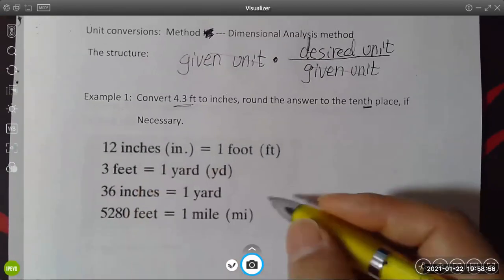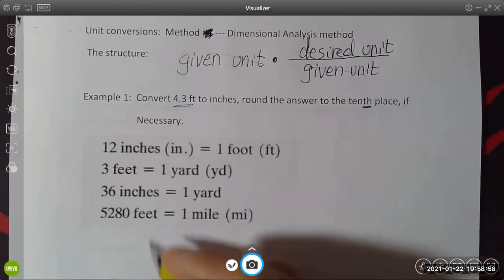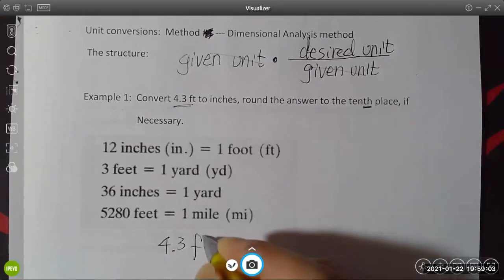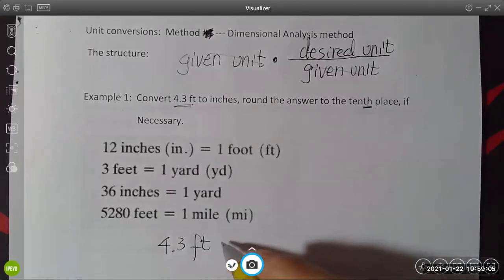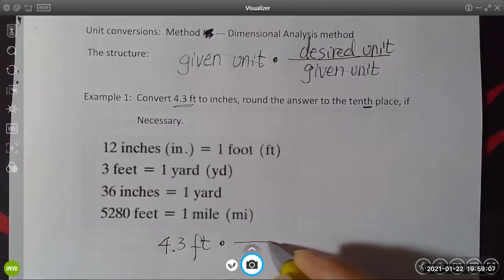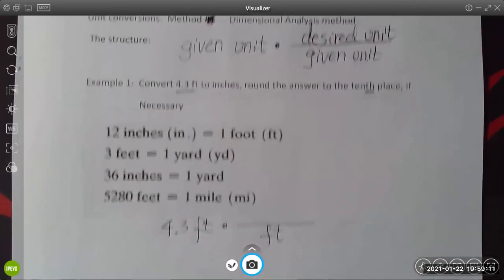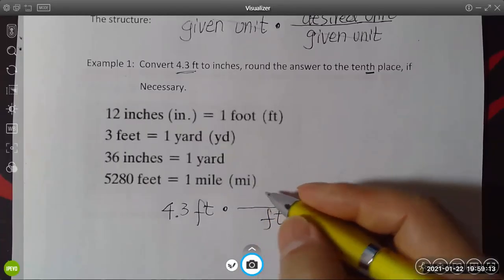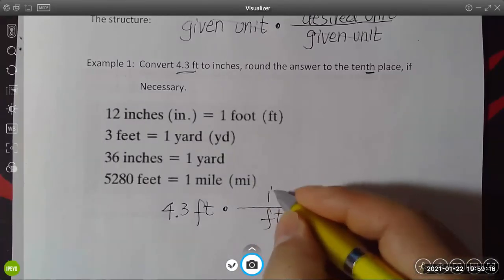These are conversion factors just for your convenience. So we start with 4.3 feet. Now, since we are given feet, we want to cancel feet when we multiply this fraction. So this is feet on the bottom. And I put the one I want on the top, which is inch.